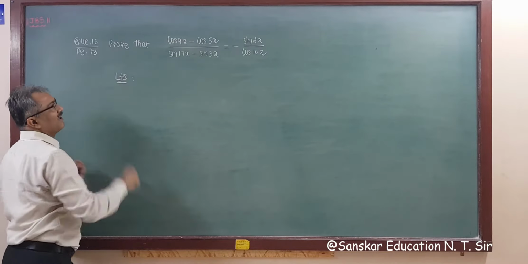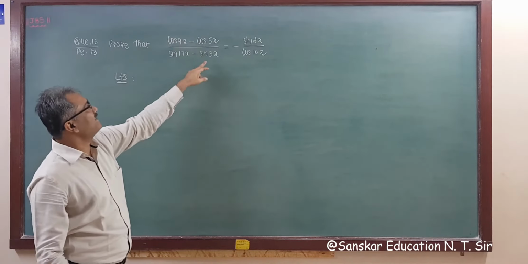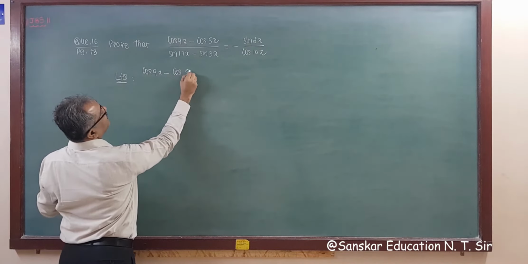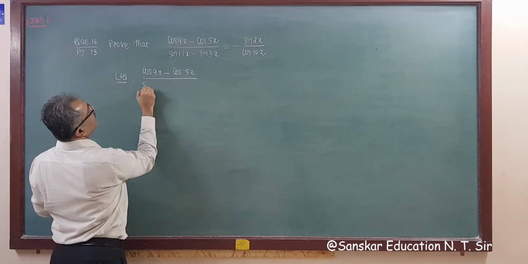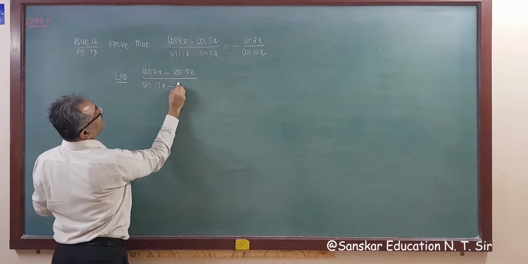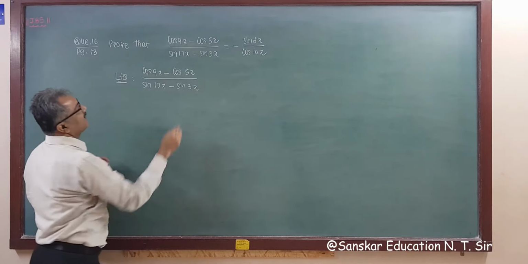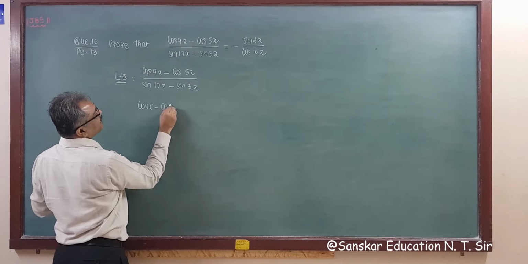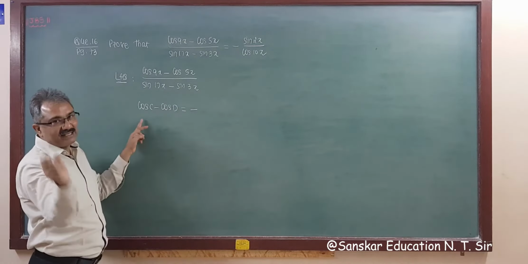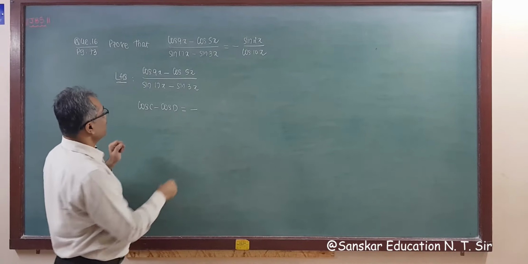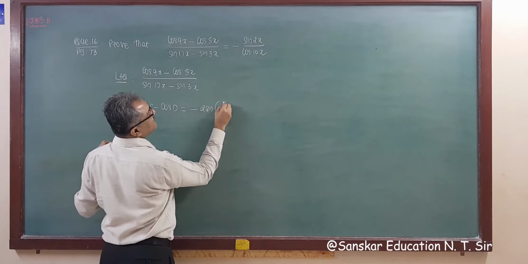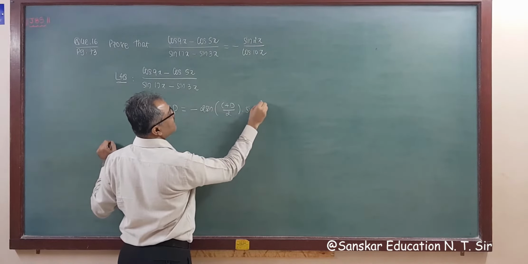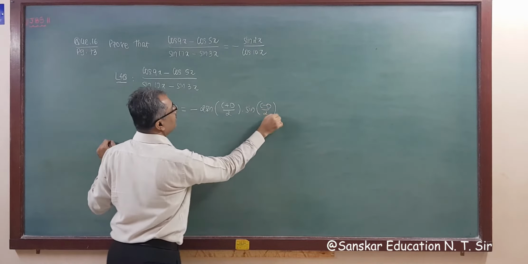Left hand side: this is cos C minus cos D and sin C minus sin D. So cos 9x minus cos 5x whole upon sin 17x minus sin 3x. The cos C minus cos D formula is minus 2 sin (C plus D) by 2 into sin (C minus D) by 2.